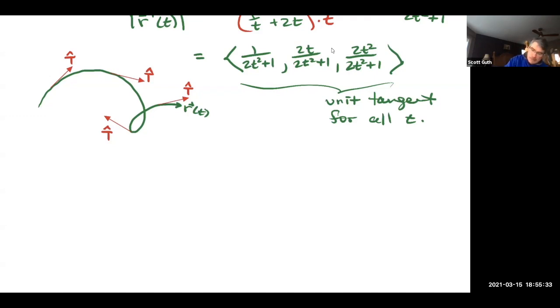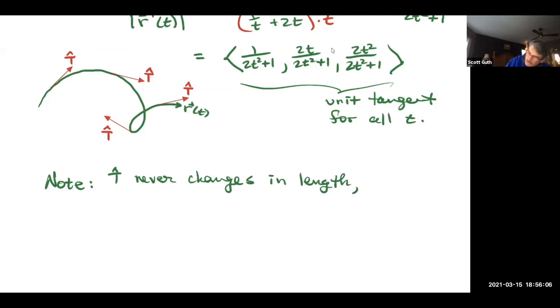Okay, well, we want to measure curvature by how fast T changes. So I want you to note T never changes in length, only direction.